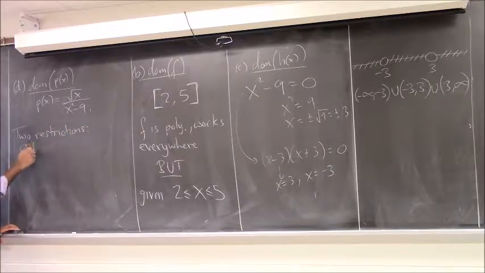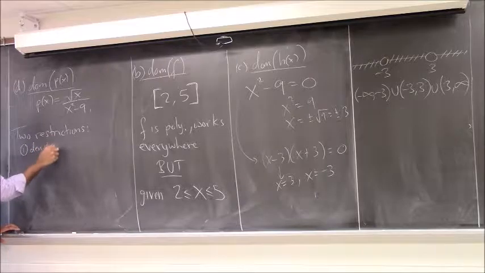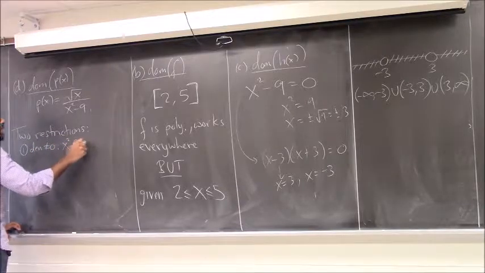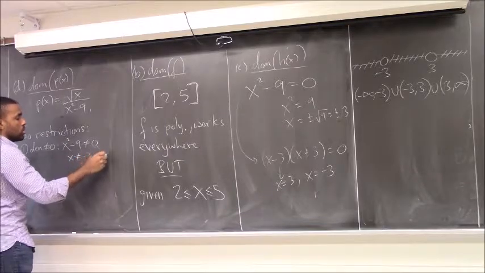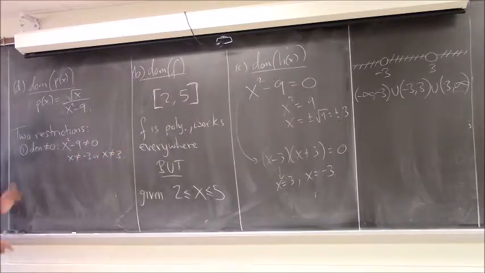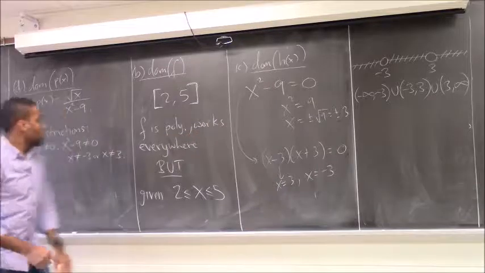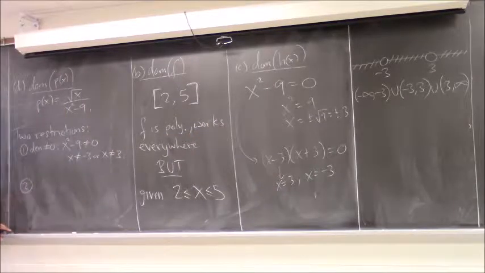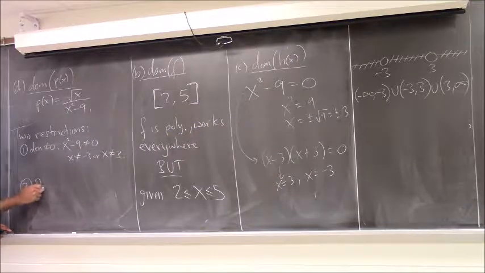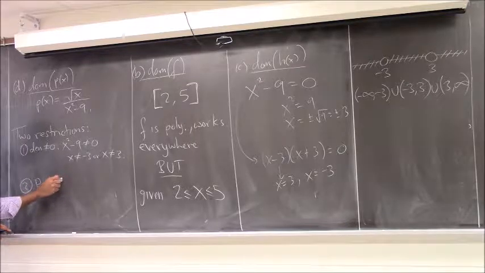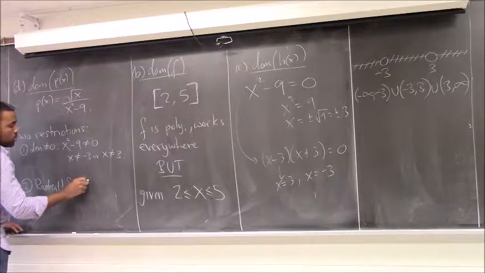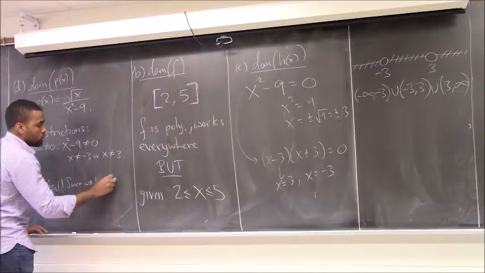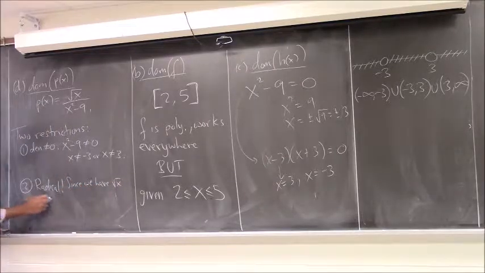One, the denominator cannot be 0, which means x squared minus 9 should not be 0, so x should not be minus 3 or positive 3, which we found over here. But there's another restriction, because we have a radical: since we have the square root of x, we also know that x must be greater than or equal to 0.